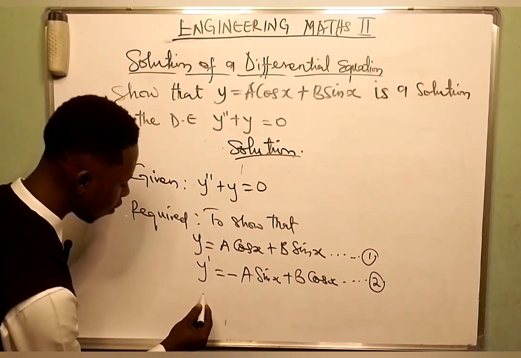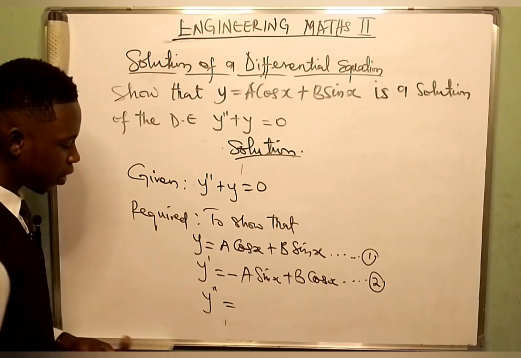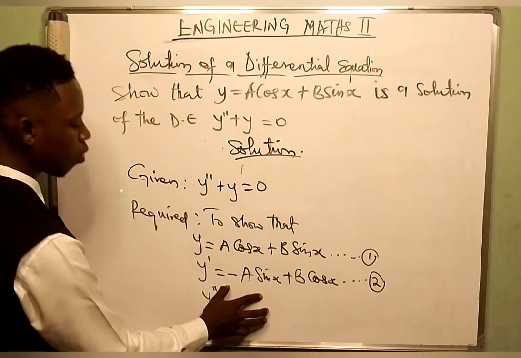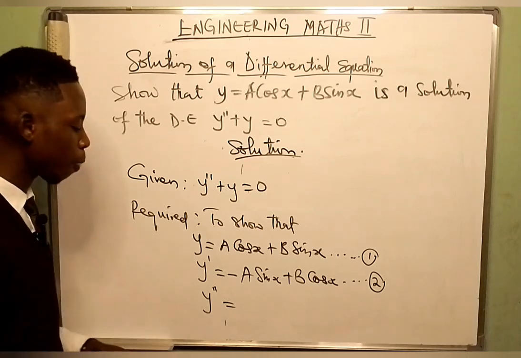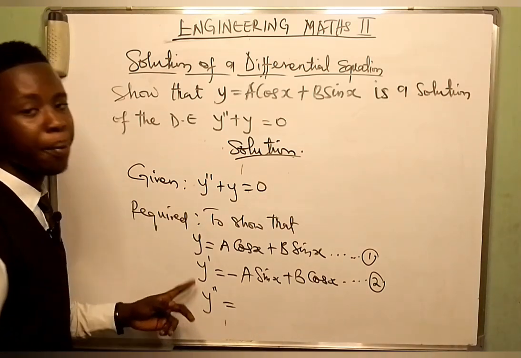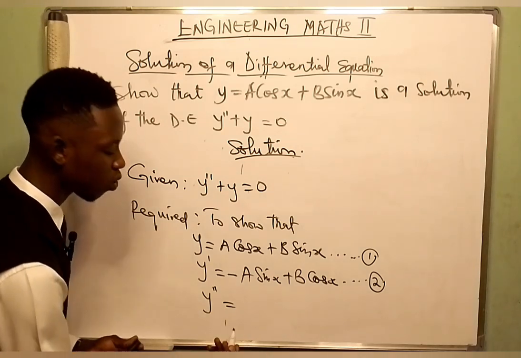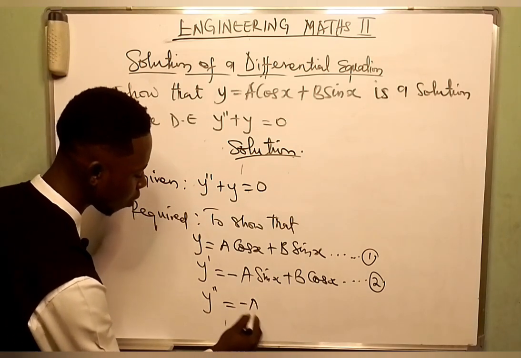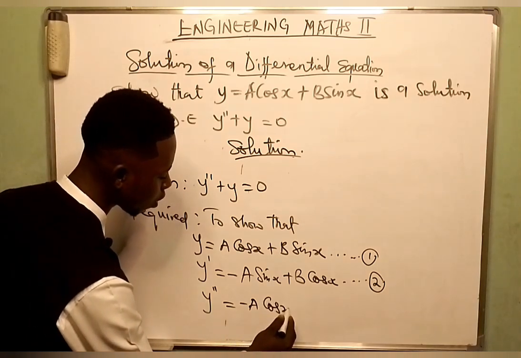When we differentiate this, the answer we get becomes our y prime prime. Differentiate sin x: sin x gives us cos x, but don't forget that we have a minus here already, which will give us minus a cos x.